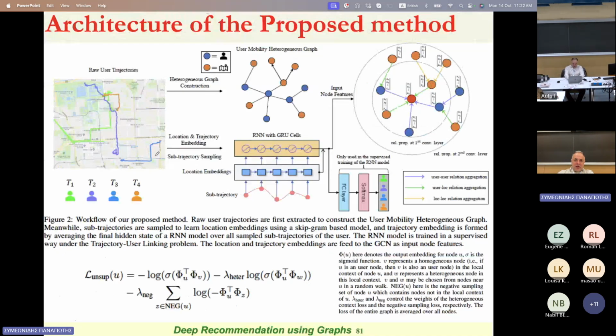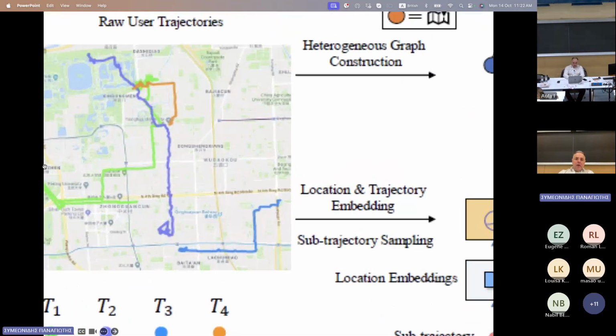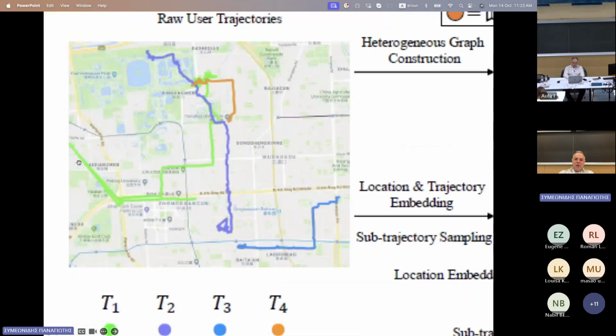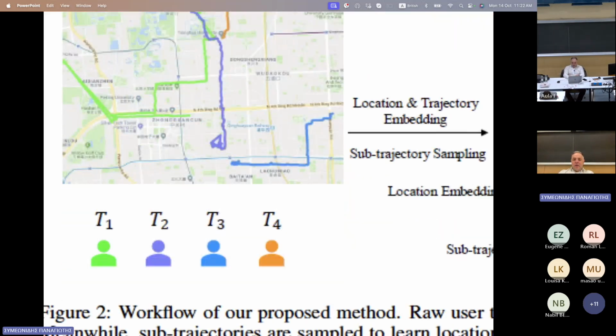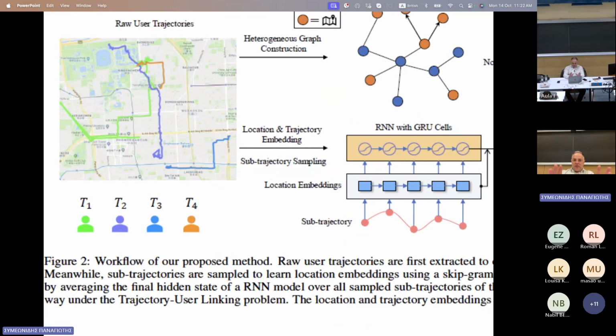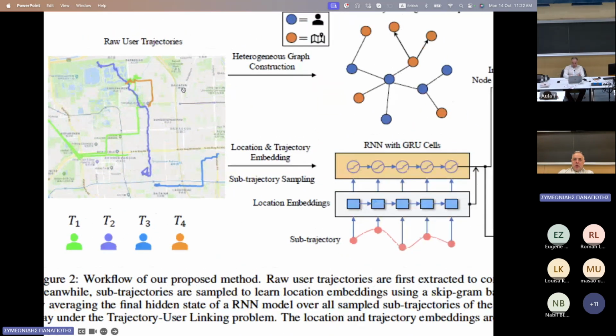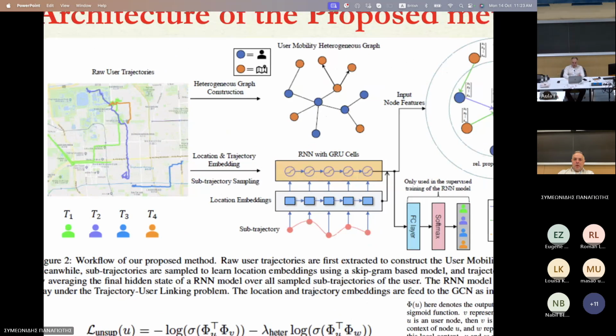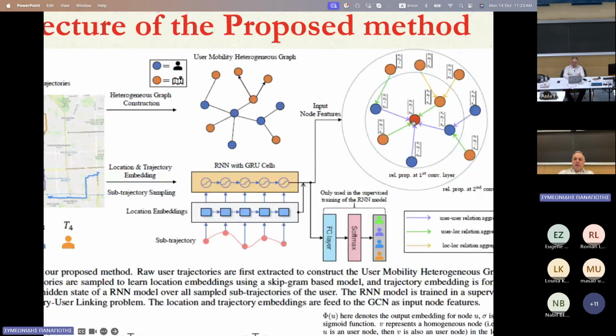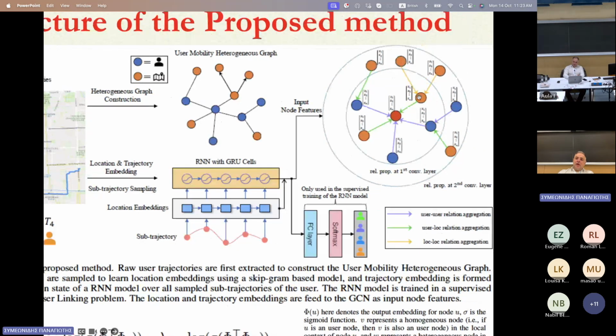So as you can see here, we have the map. We have four users, and every user has a different itinerary, a plan of visits in the city. Let's say it's Bari. This method uses this information in order to create a graph, and based on this graph to propagate the information and express one node with the help of other types of nodes, adjacent nodes, or nodes that are in the neighborhood.